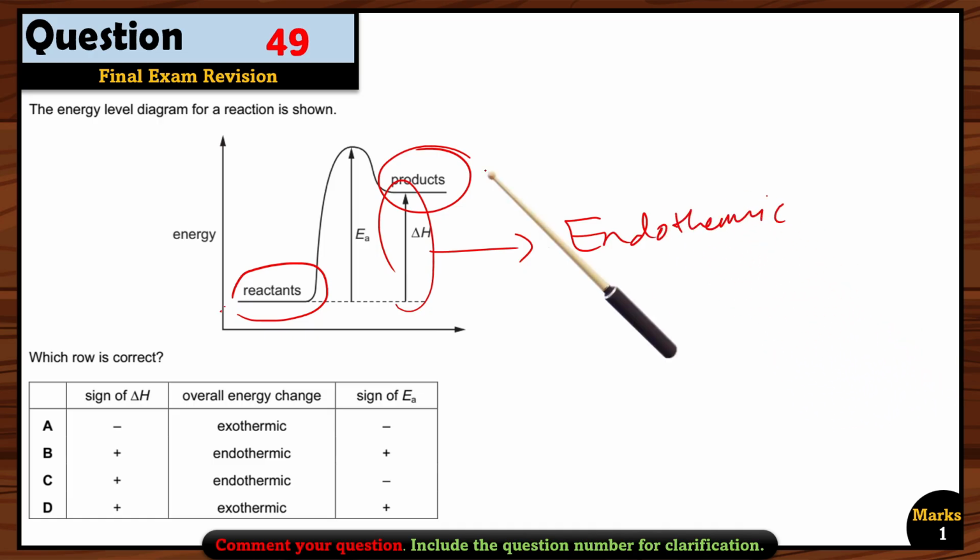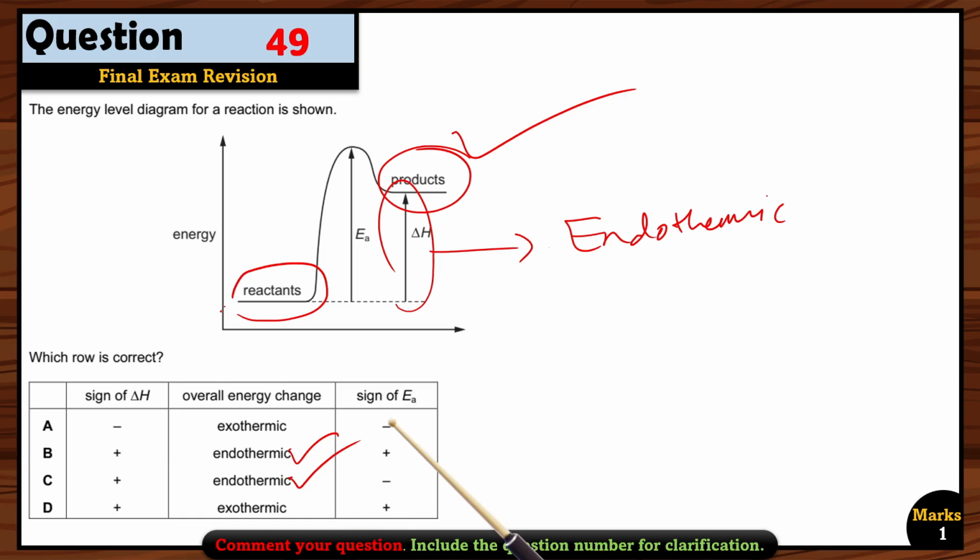Why? Because the products are at higher energy level, reactants are at lower energy level, they gain a lot of energy. The products have not released much energy, so that's why the products have more energy, and this diagram is of endothermic. Now it's already decided endothermic, so option B or C can be right.